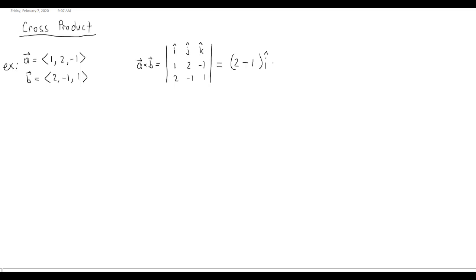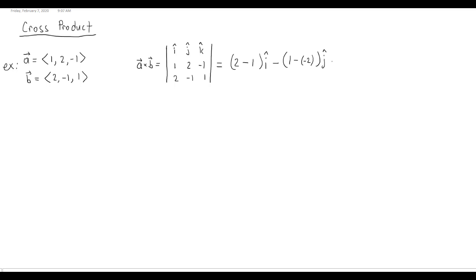Now for the next component, you're going to do a minus. So you always do minus for the second one. And then similarly, cross out the row and the column containing j. And then do the same thing, 1 times 1 is 1, minus, and then here negative 1 times 2, so minus negative 2.